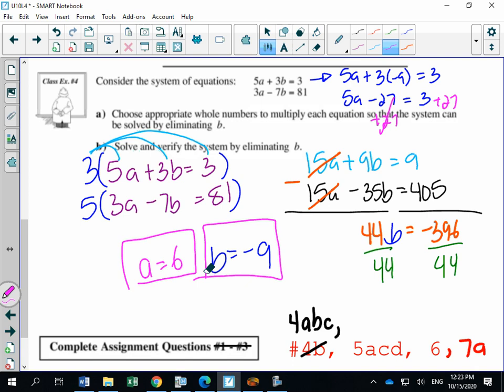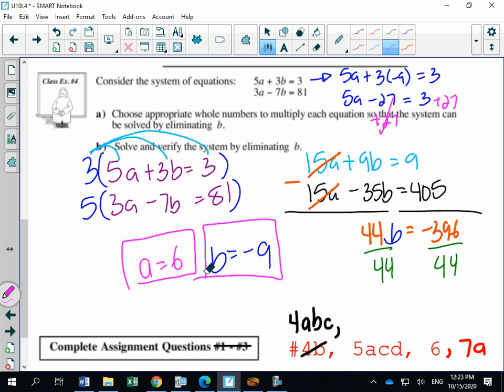So 4ABC. 5, I have A, C, and D. Number 6 and 7A.